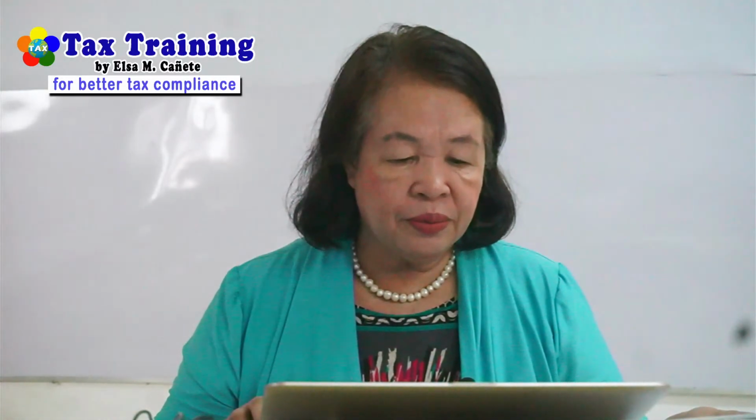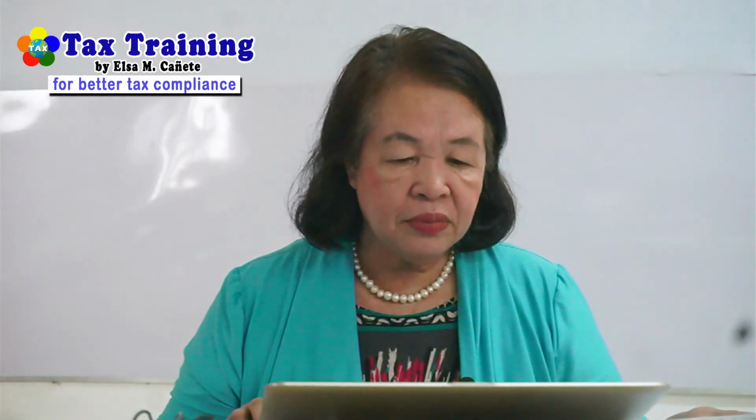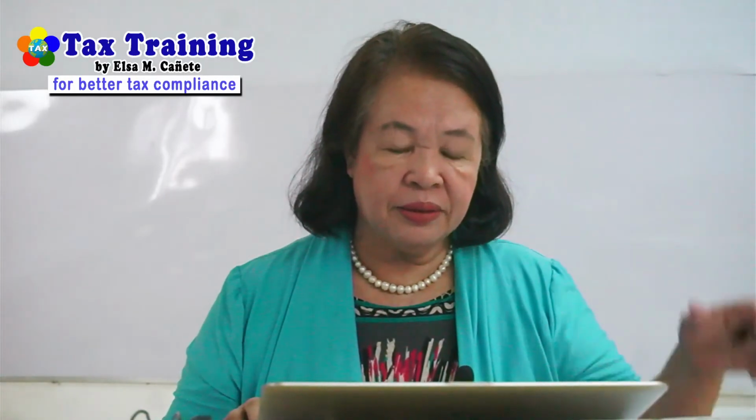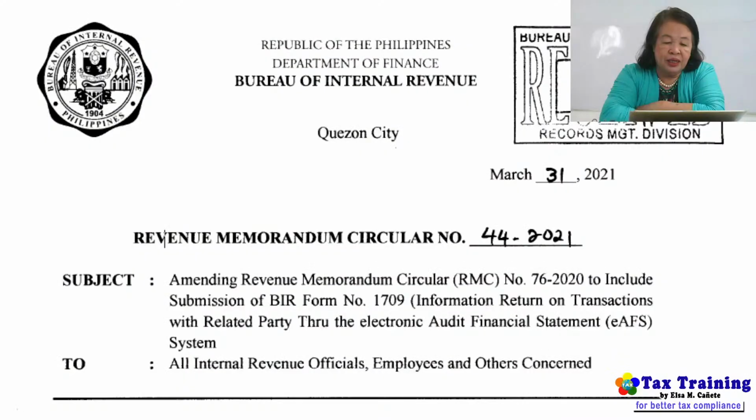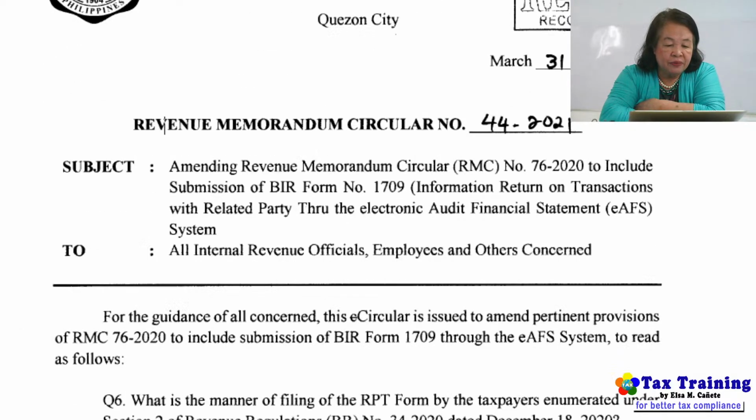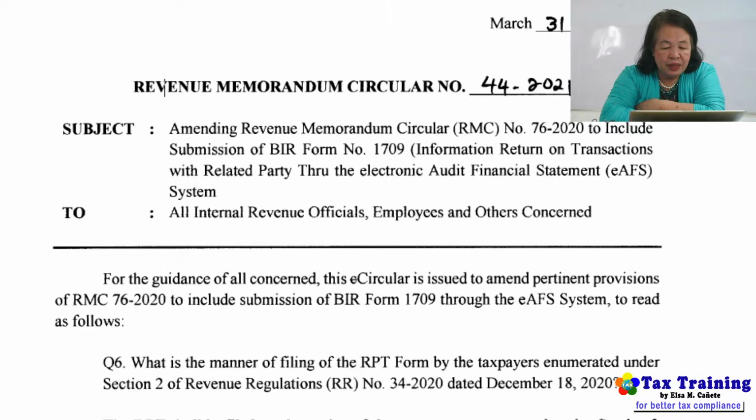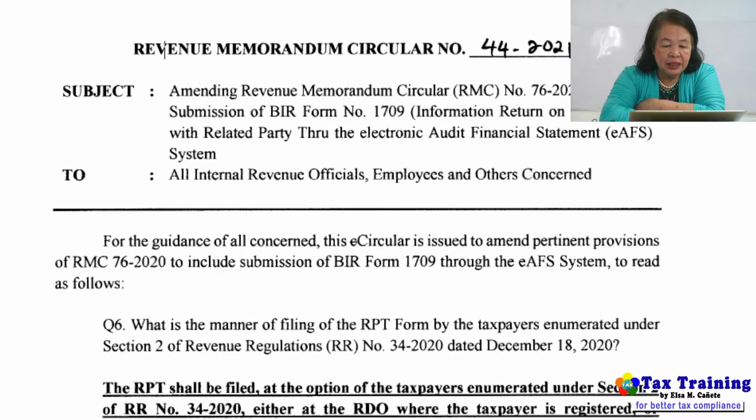So how do you submit the 2307 and 2316 using the facilities of RMC 44-2021? We have here the manner of filing for related party transactions. It shall be filed at the option of the taxpayers, either at the RDO where the taxpayer is registered, or electronically through the EFS system, our electronic attachment form system, the electronic filing of attachments to our financial statements. So it can be attached using those facilities.